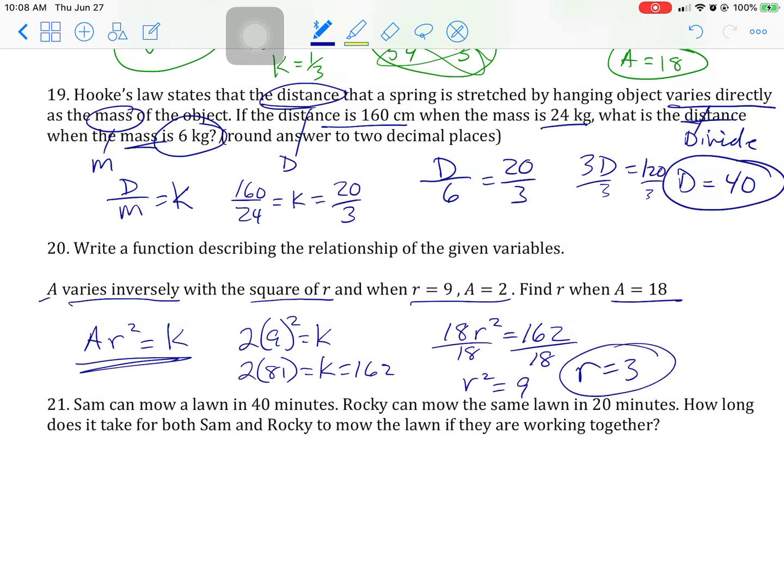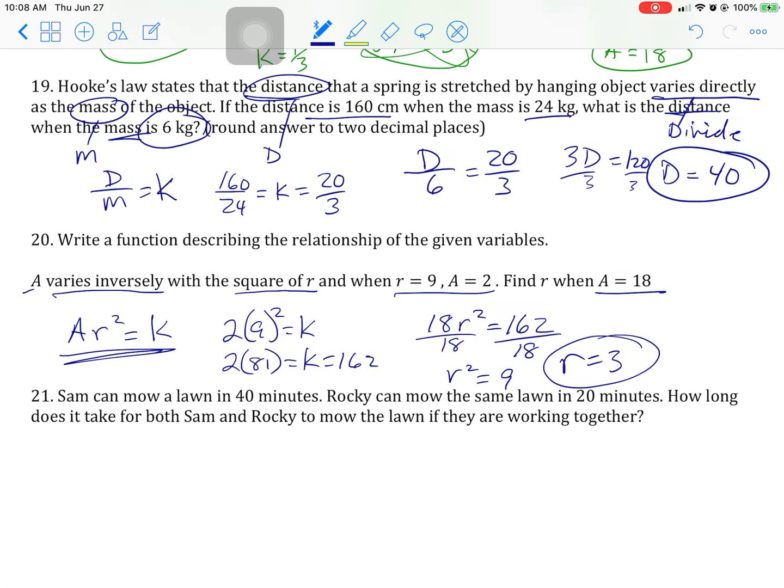Okay? All right, and then the last one, Sam can mow a lawn in 40 minutes. Rocky can, okay, so this is a work problem. So Sam is in 40 minutes, so the reciprocal of that is that. Rocky can mow the same lawn in 20 minutes, so the reciprocal is that. So how long can they do if they work together?